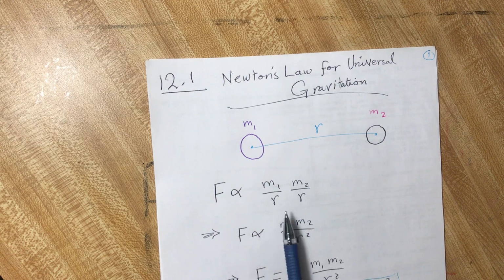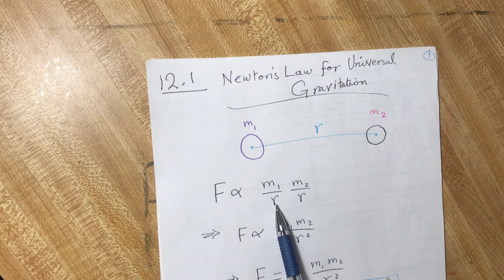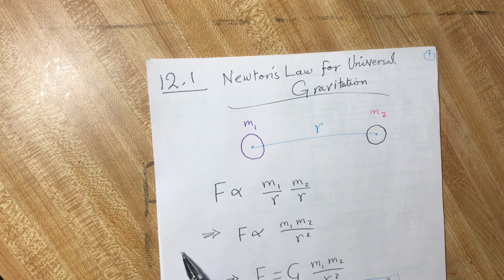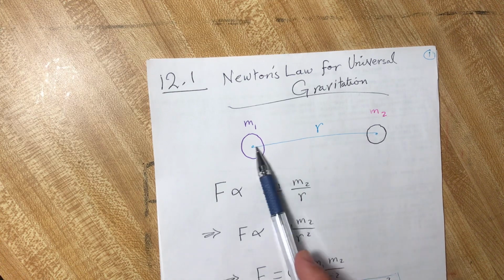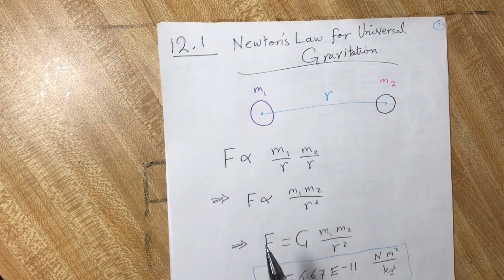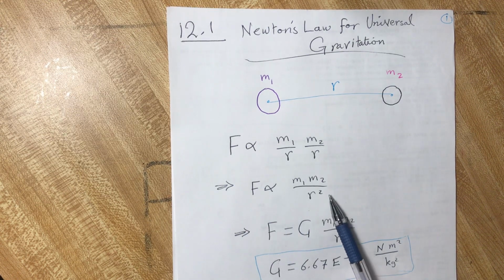This force depends on the masses and inversely on r, where r is from m1 to m2 and from m2 to m1. In this case, the force depends on the multiplication of the masses and inversely on r squared.